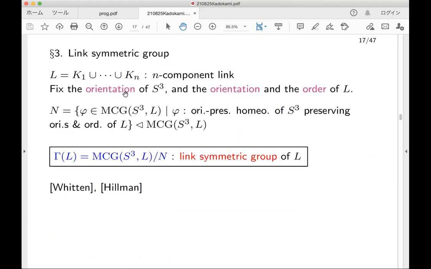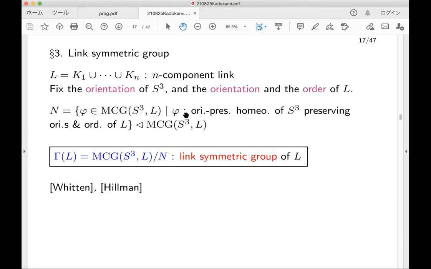Now we fix the orientation of S3 and the orientation and the order of L. Let N be the set of elements in the mapping class group of this pair S3 and link L.